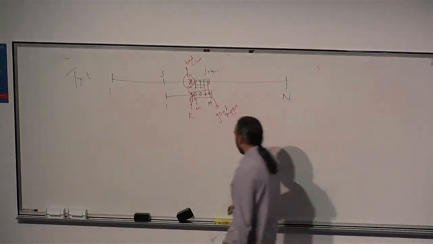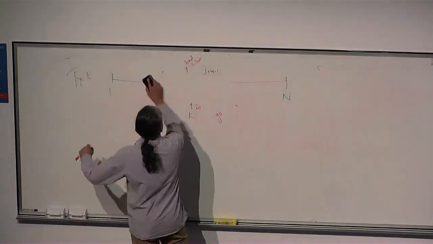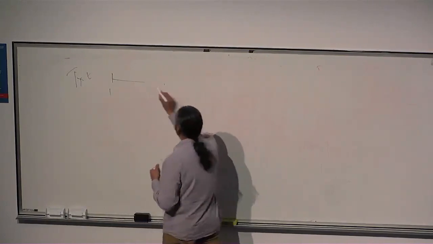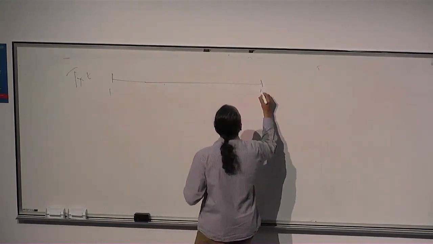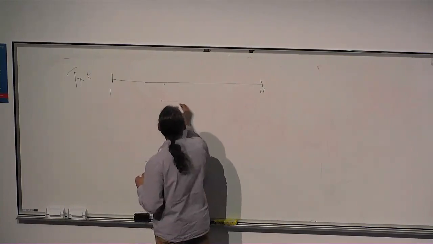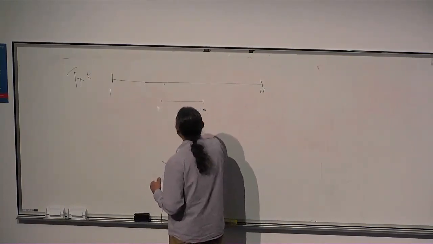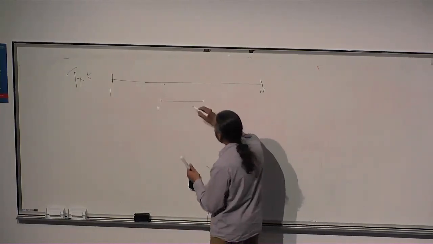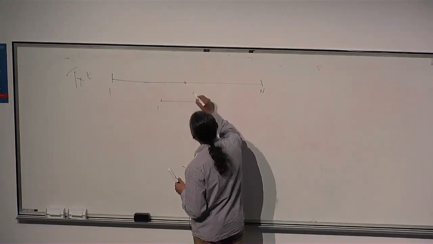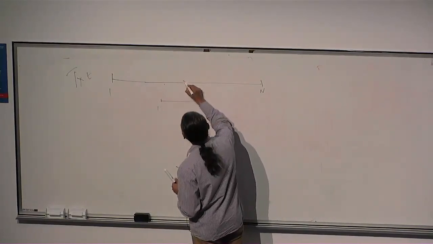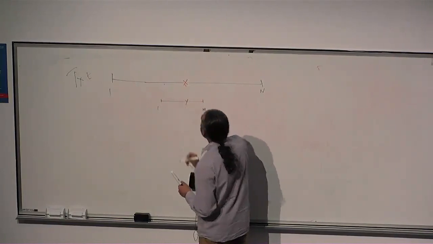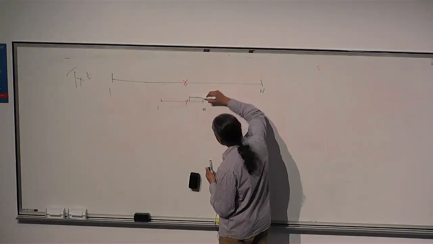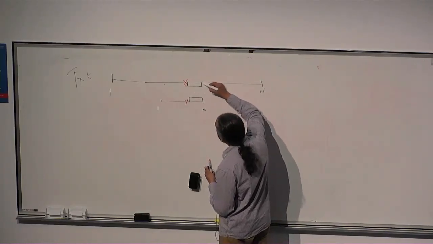So I'll just clean up the board for a bit. So now we are in a pattern, 1 to m. Let's assume that there was a mismatch of some character x with some character y, and everything after those characters matched.